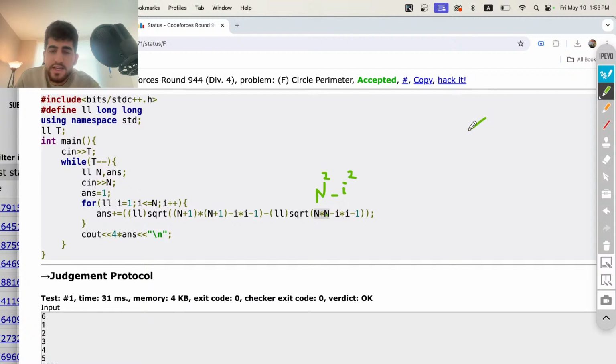As I said, it should be less than n squared minus i squared if we use these variables. But it subtracts 1, I think, because it wants to find the numbers which are less than or equal to this. That's what I feel. Does this make sense?